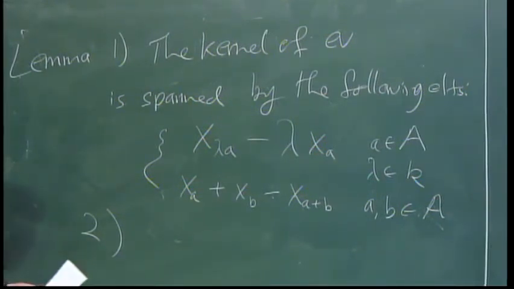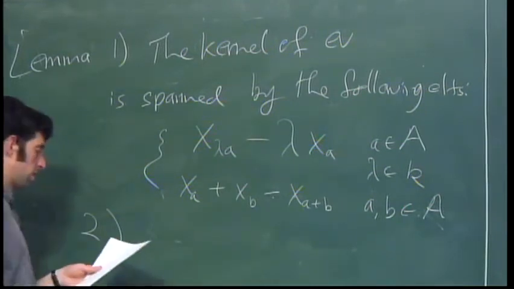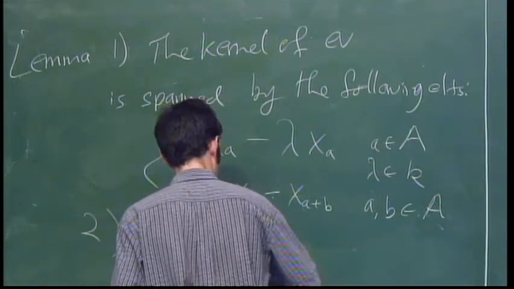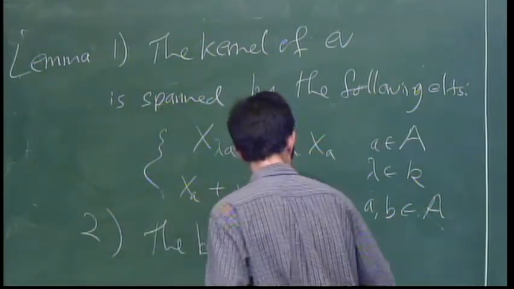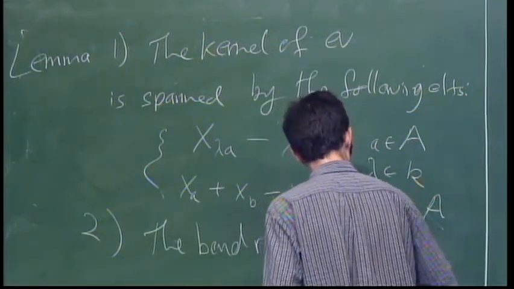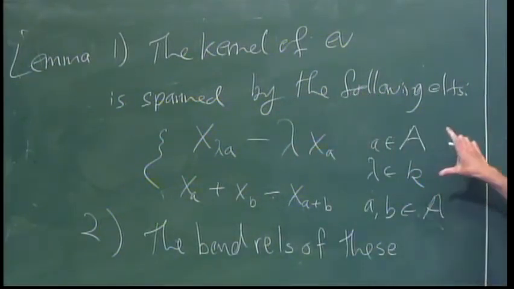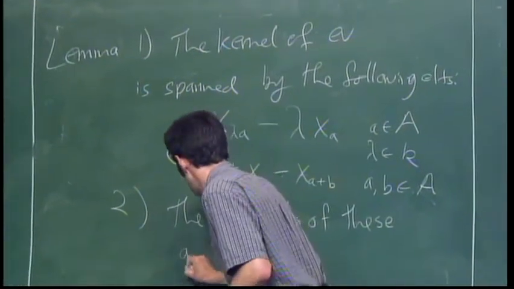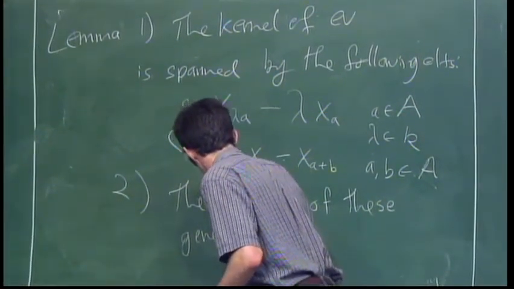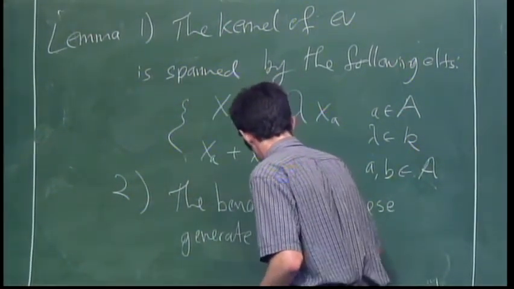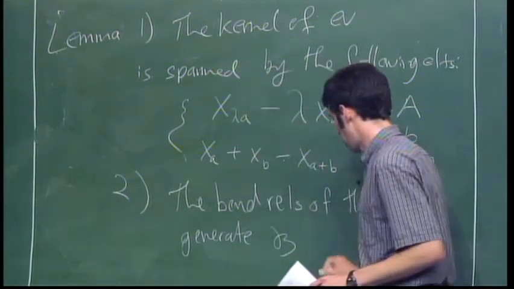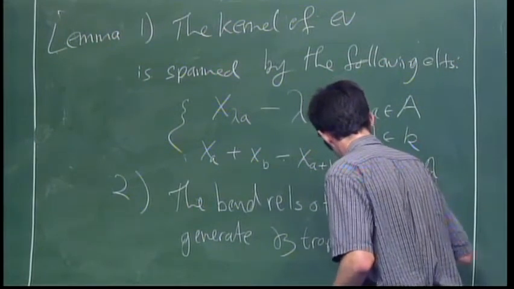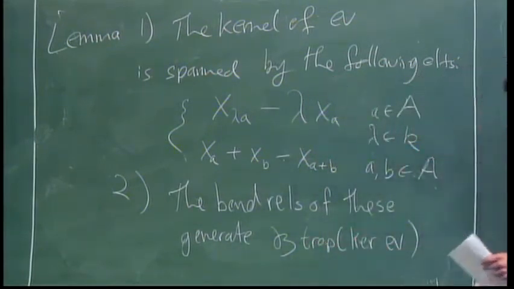And then what's a little bit stronger is that the bend relations of the coefficient-wise valuations of these guys generate the whole system of equations, bend relations of the tropicalization, of the kernel of the evaluation map.